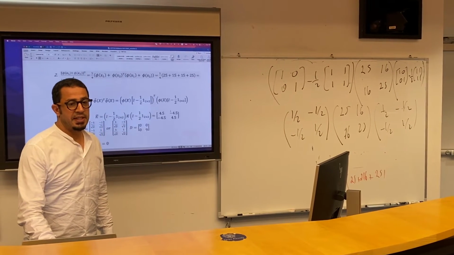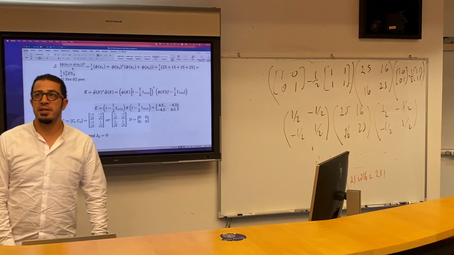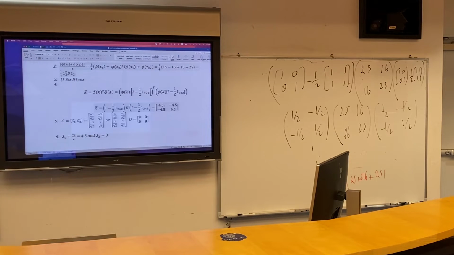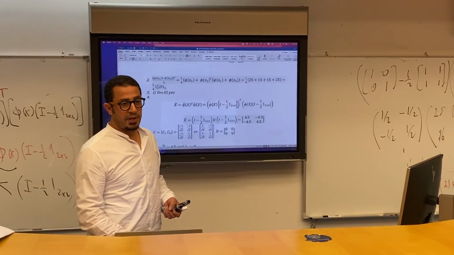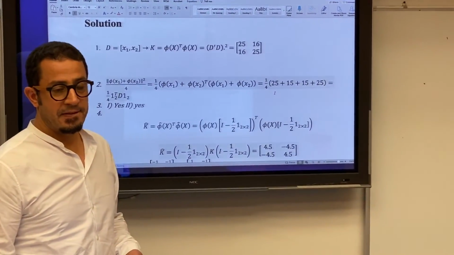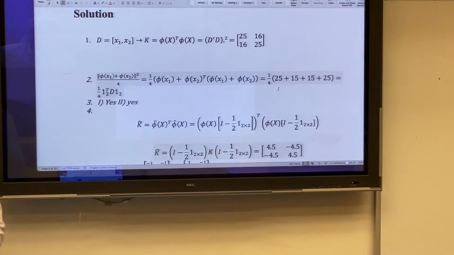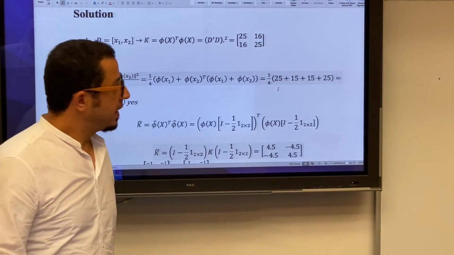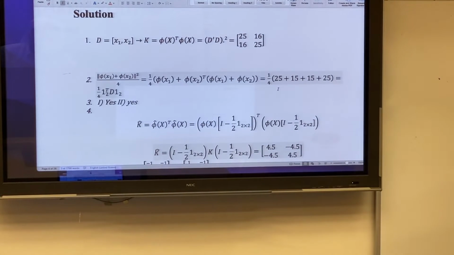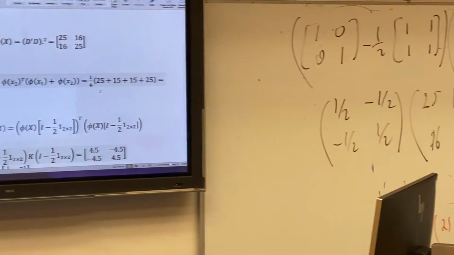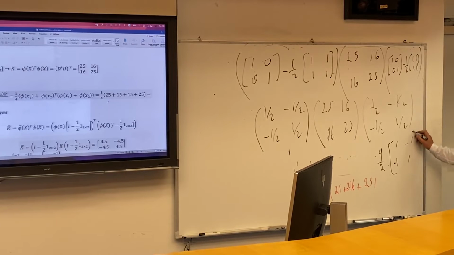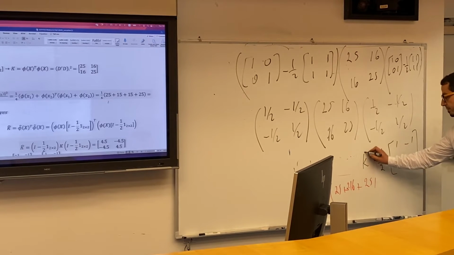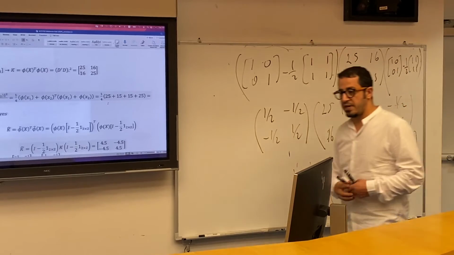You can find 4.5 minus 4.5, which is 9 out of 2. So the next question, I just put it here. Can I put 9 out of 2 as a common factor for this matrix? Which will be 1 minus 1 minus 1 1. Clear? This is our K, the kernel function, right?